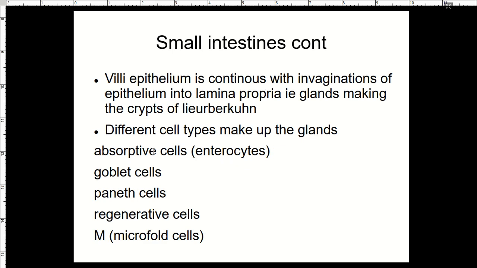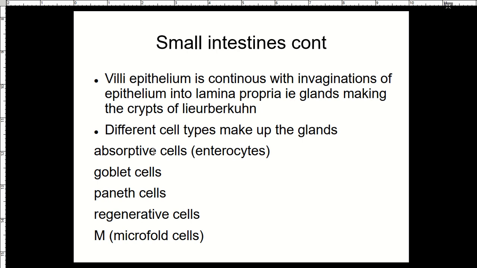The villi epithelia is continuous with the invaginations called the crypts of Lieberkühn. So between the villi, there's going to be a space that looks like a cleft. In that space, we are going to have the crypts of Lieberkühn.